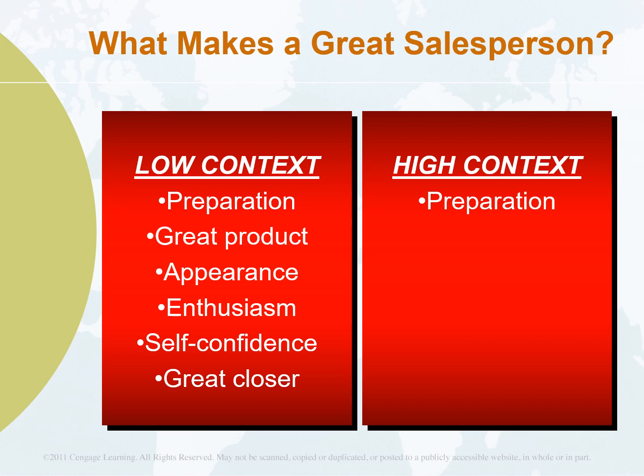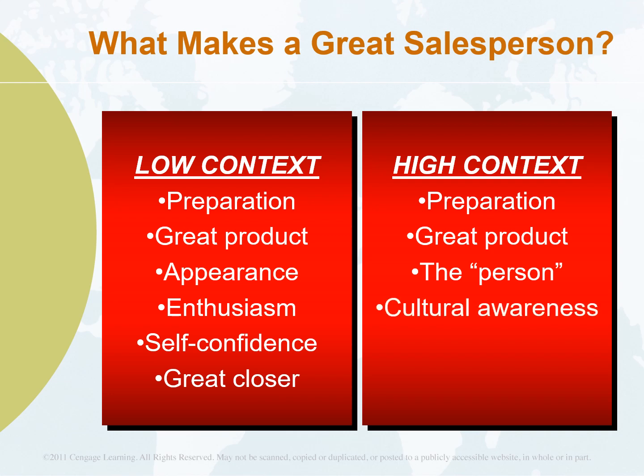In a high context society, like in Japan or China, for example, preparation is important. A great product is also important, but the appearance may not be that important. The person himself or herself is important. Cultural awareness is important. You need to be aware of their cultures, the cultural differences.